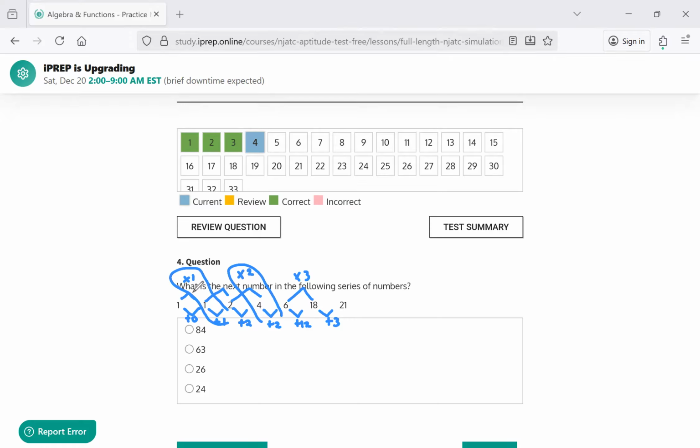So these are the same, these are the same. So the first part was you multiply by 1, then add 1. That looks right. 1 times 1 is 1, and if you add 1, that gives you 2.